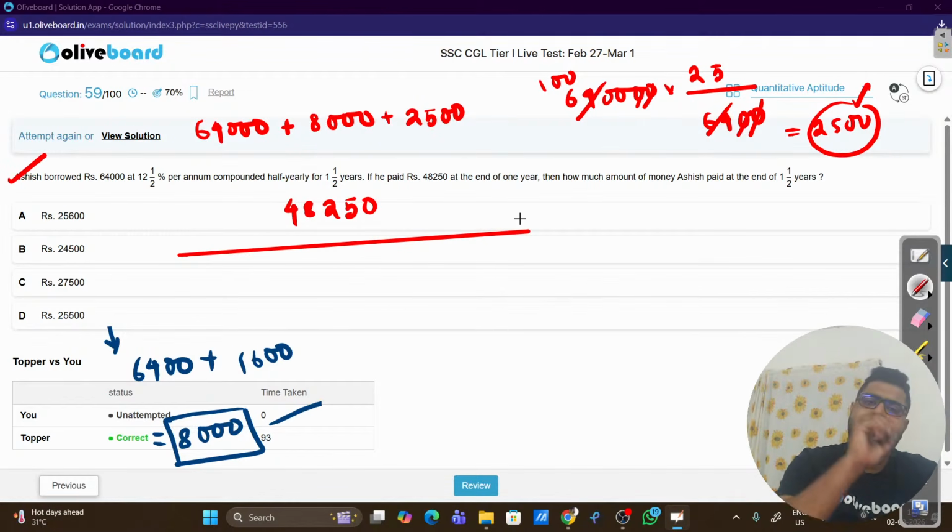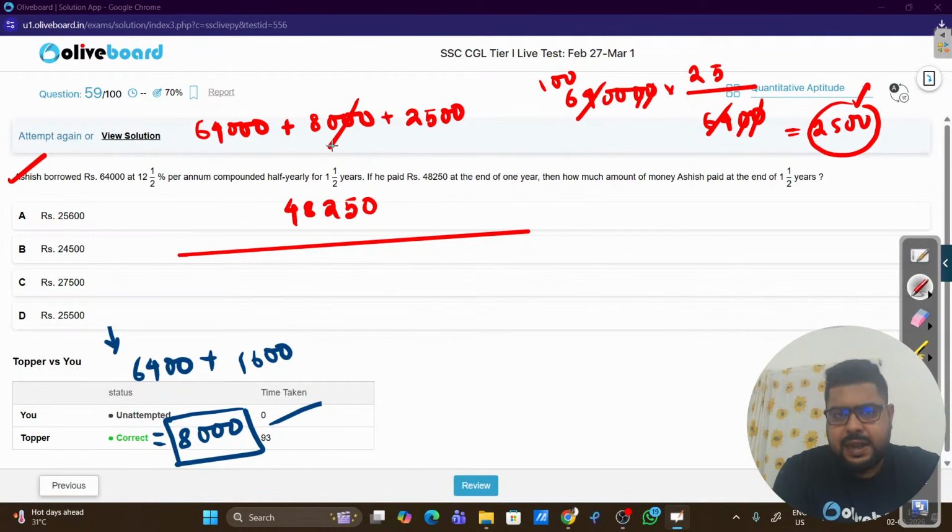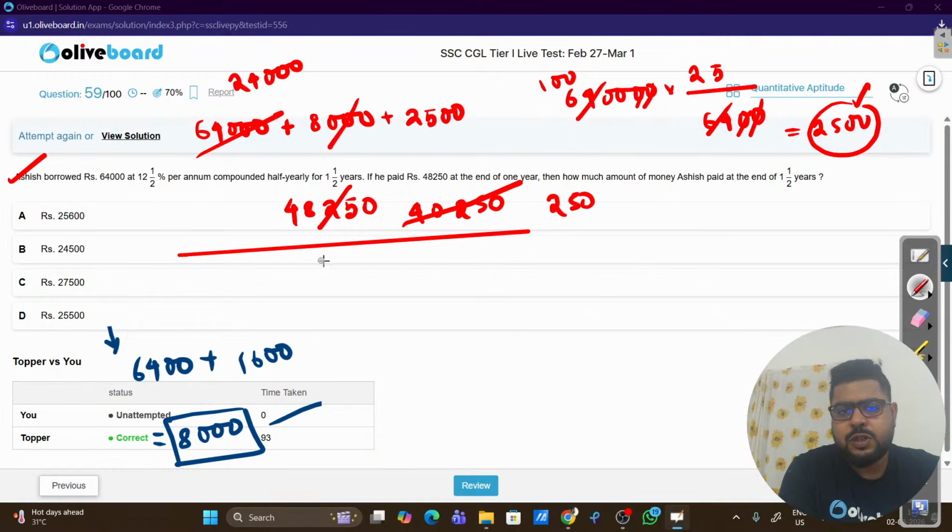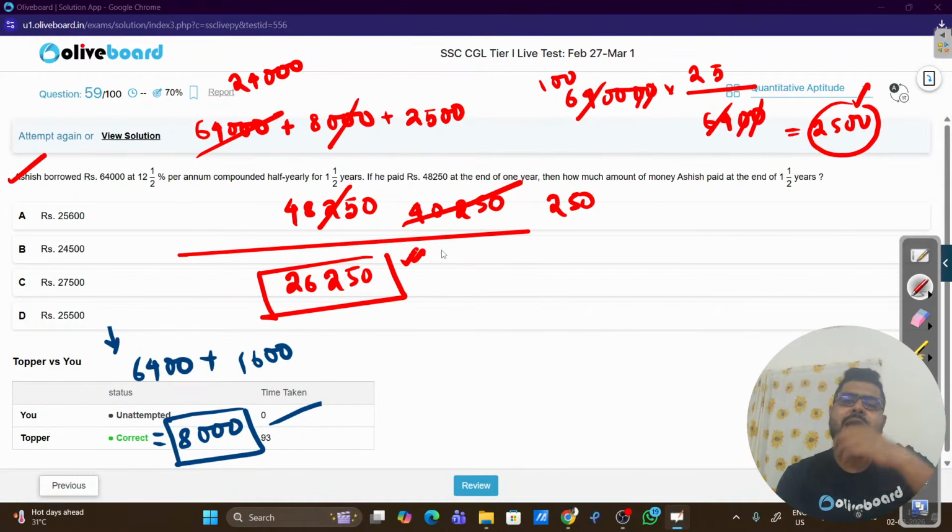So how much is remaining? Sir, let's see. 8,000 cancels. So he has 40,250. 40,000, 64,000 cancels. He has 24,000 and 250, so this is 26,250. This much he has left after paying back some amount after 1 year.